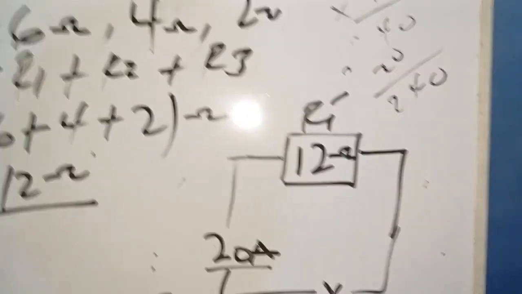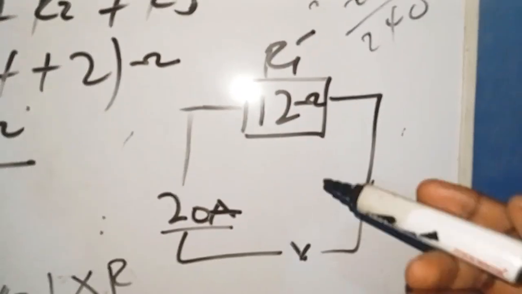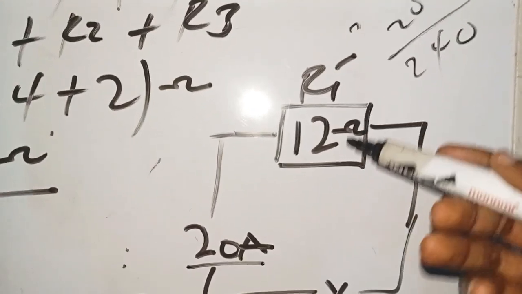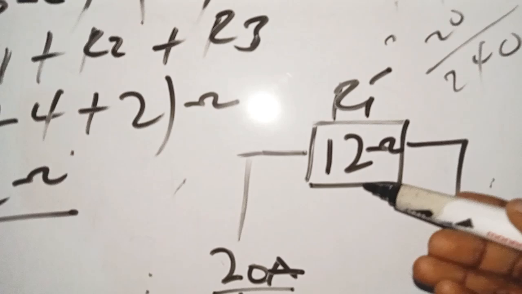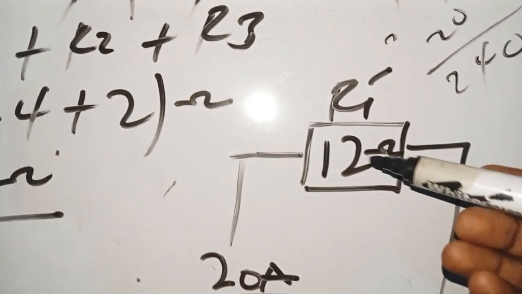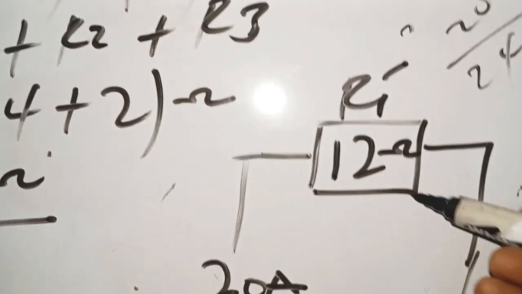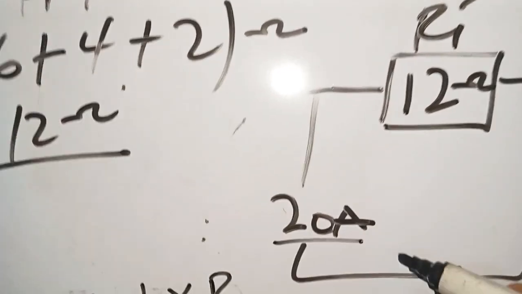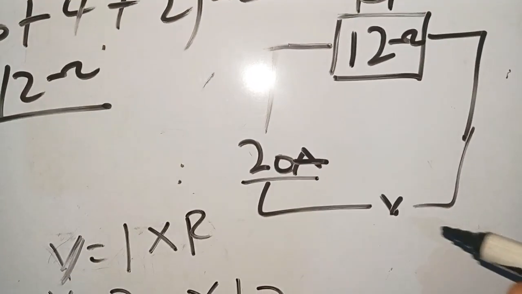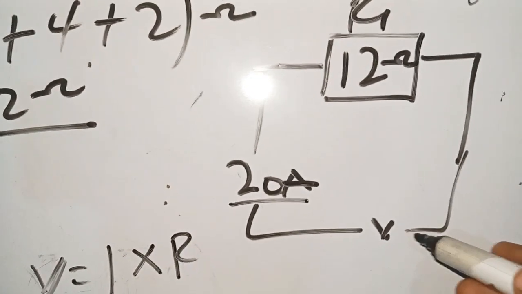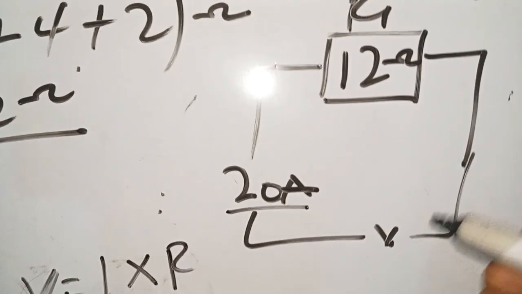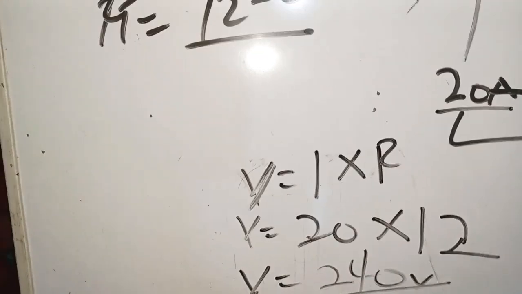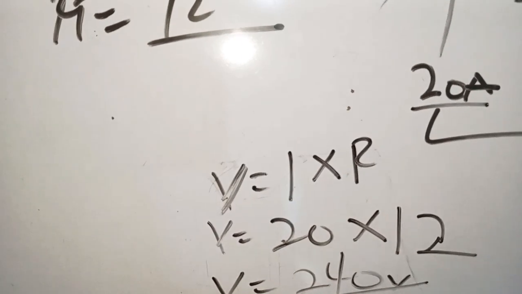Now we come back to our rough sketch: our total resistor is 12 ohms and our current is 20 amps. We continue to find the total voltage using Ohm's law.